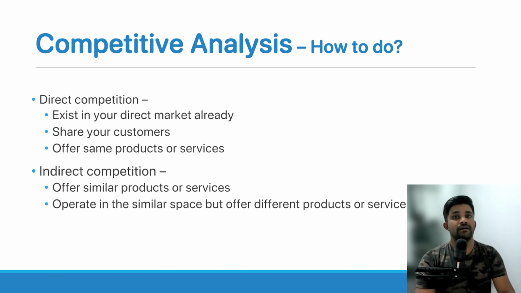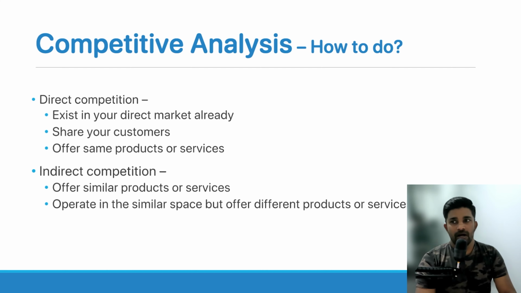As an example, in the mobile phone market, Apple and Samsung are direct competitors of each other, because they have products in similar categories, and that's how you can determine the direct competition. What about indirect competition?